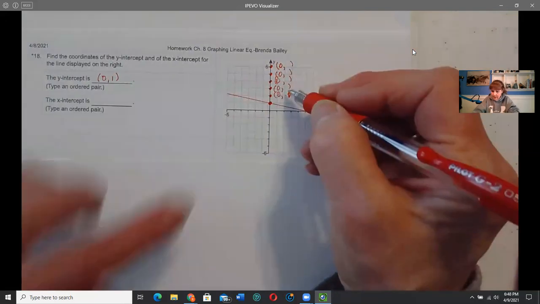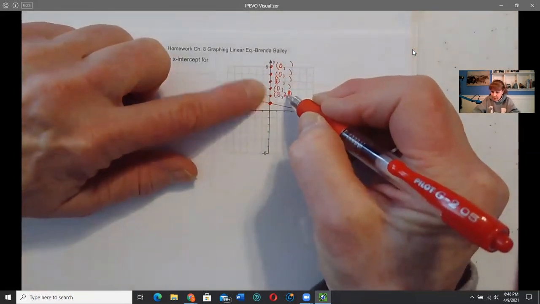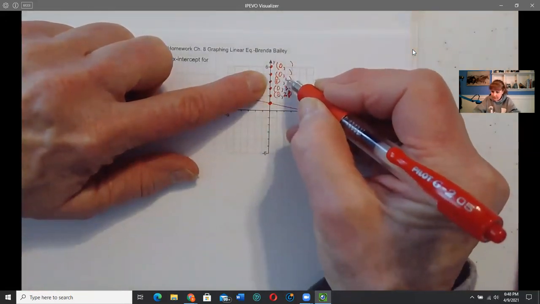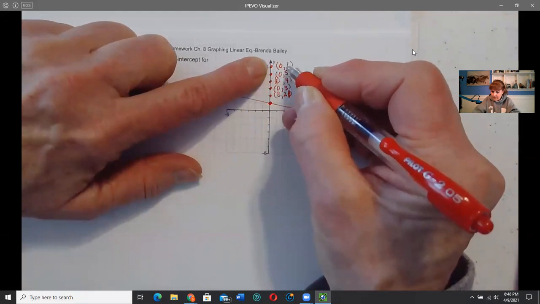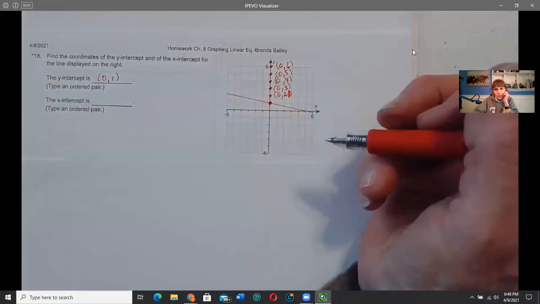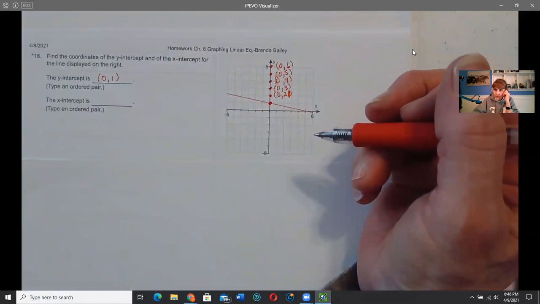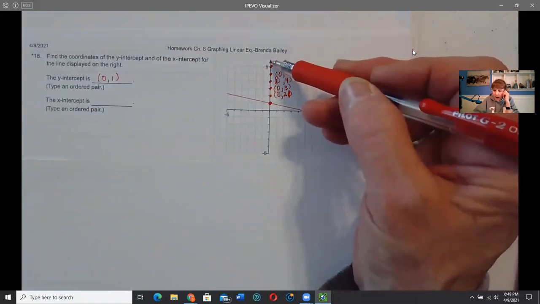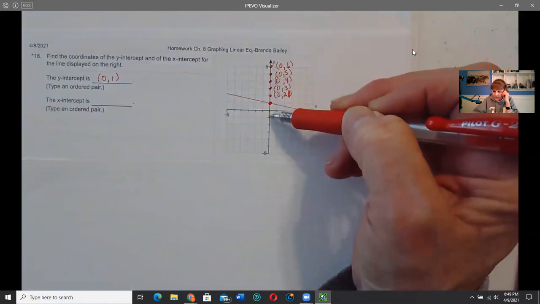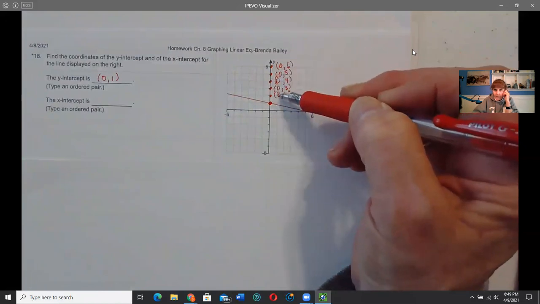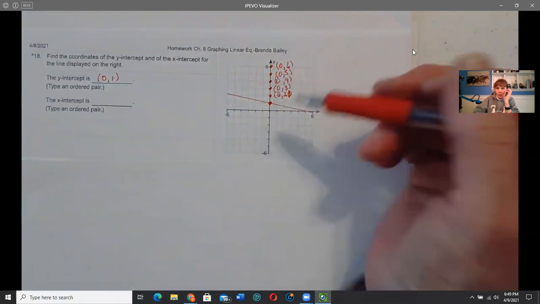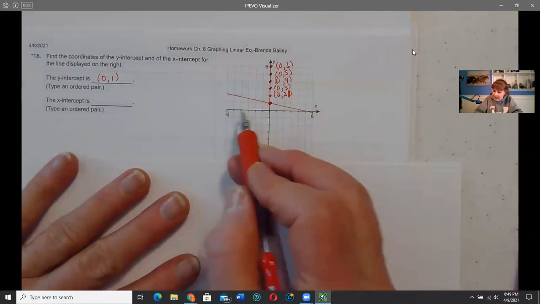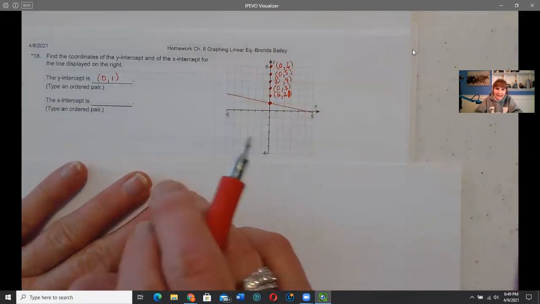Here it's 1, here it's 2, here it's 3, 4, 5, and 6. But a really important concept to remember is that when you want to find the y-intercept, the x is 0. What happens if you want to find out where it hits the x-axis, or what we call the x-intercept?